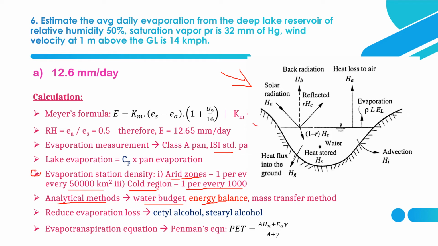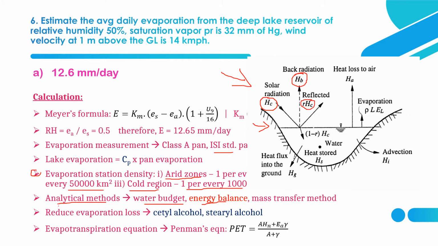So this is a pond or lake on which solar radiation is incident with the heat Hc, and this will be ingressed with (1 minus r) into Hc. And what is r here? R is the reflection coefficient. So r into Hc is reflected, and H suffix b is back radiation.